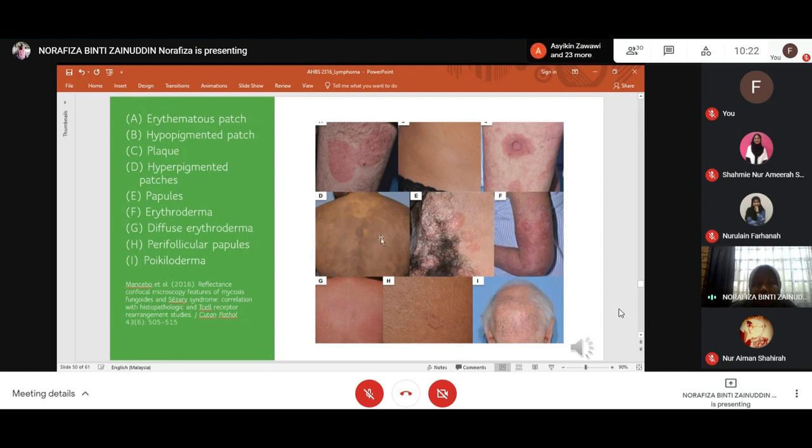This is hyperpigmented patches, and the presence of papules here. Diffuse erythroderma on the skin, and peripheral follicular papules. This one can be touched. You can feel it because it is raised. And poikiloderma.